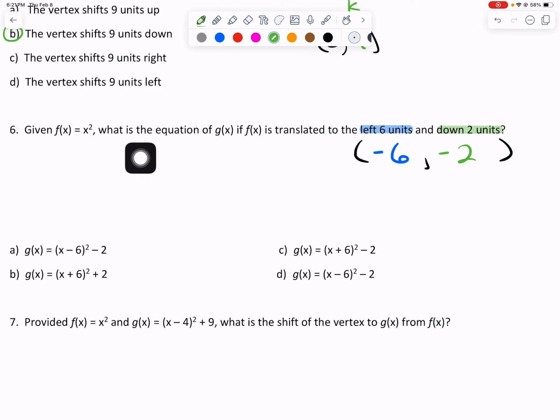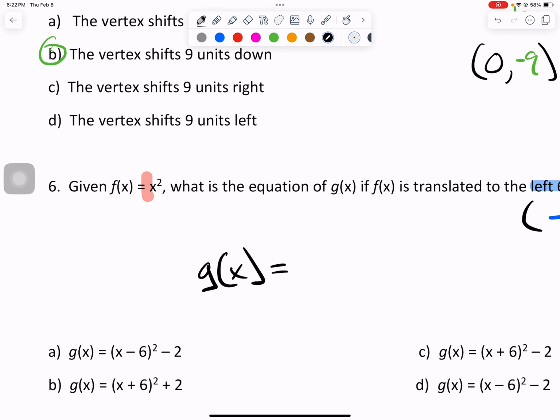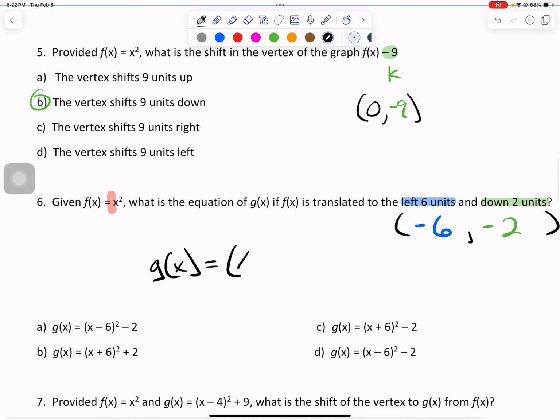Now it says, what is the equation? Okay, so here we go. We can simply write this as g of x equals, now our a value pops up right in front of our x squared. It's simply 1, so we don't need to write that 1. So go ahead and open a parenthesis. We will do our x. But if we're going from a coordinate to a function or a function to a coordinate, we need to flip our h value.